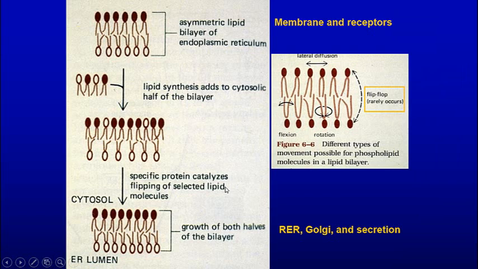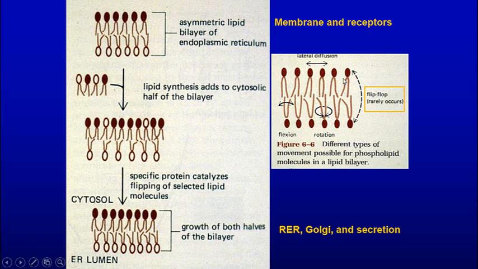Now, in terms of membranes and fluidity, you get proteins migrating around. They can flip, they can turn, but what they can't do is flip-flop. However, in the case of rough endoplasmic reticulum, the phospholipids are added to the outside, and then they're flipped over by a certain enzyme that allows that to occur.